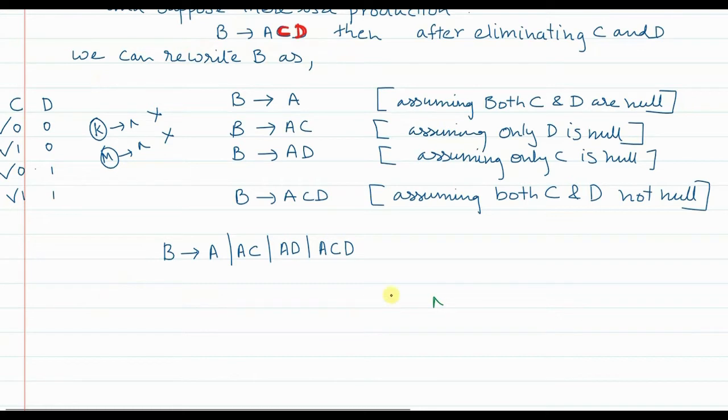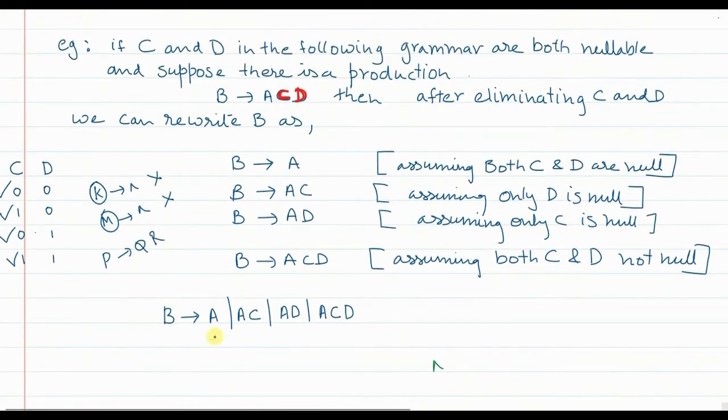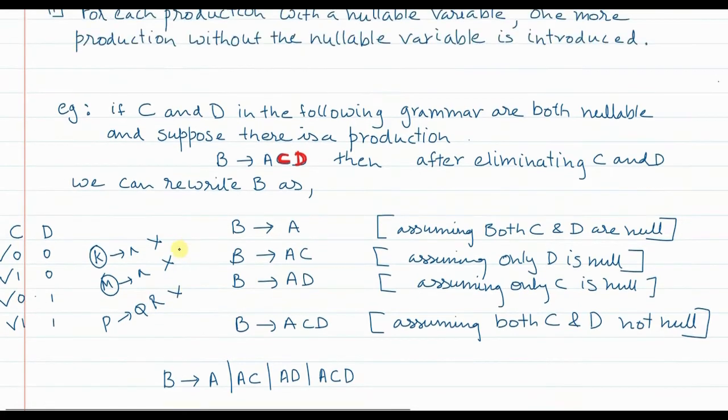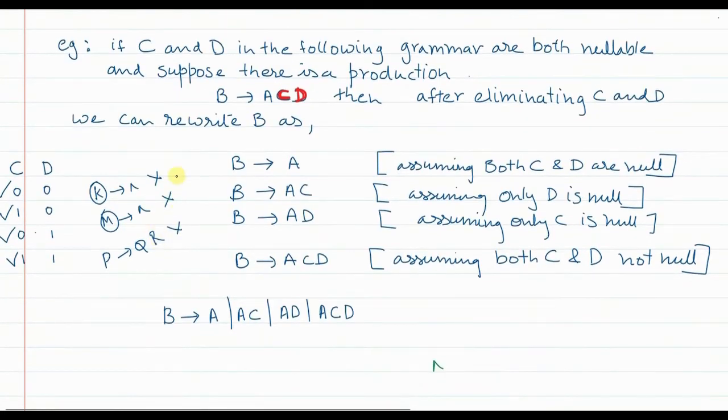Similarly, suppose you have a production, for example, P gives QR, and you know that Q is nullable, R is nullable. So ultimately the right hand side will turn nullable. That means P is also nullable. So this kind of productions also you will have to remove from the original set of productions.